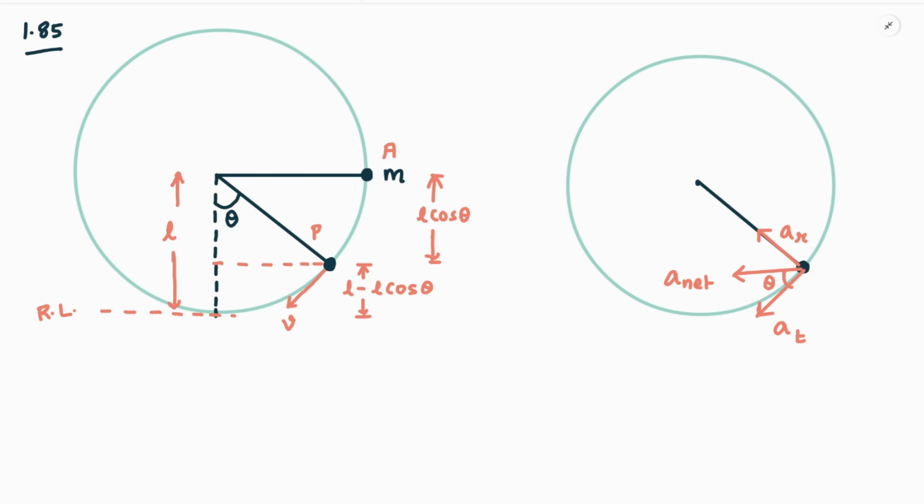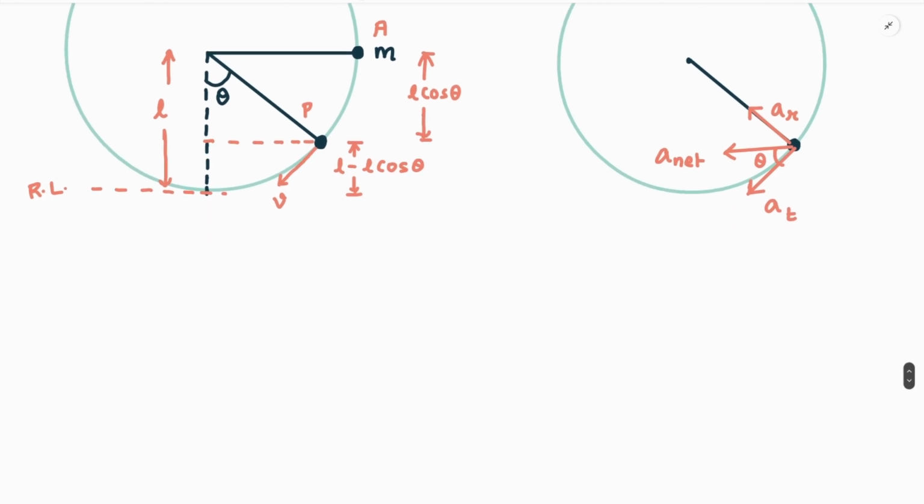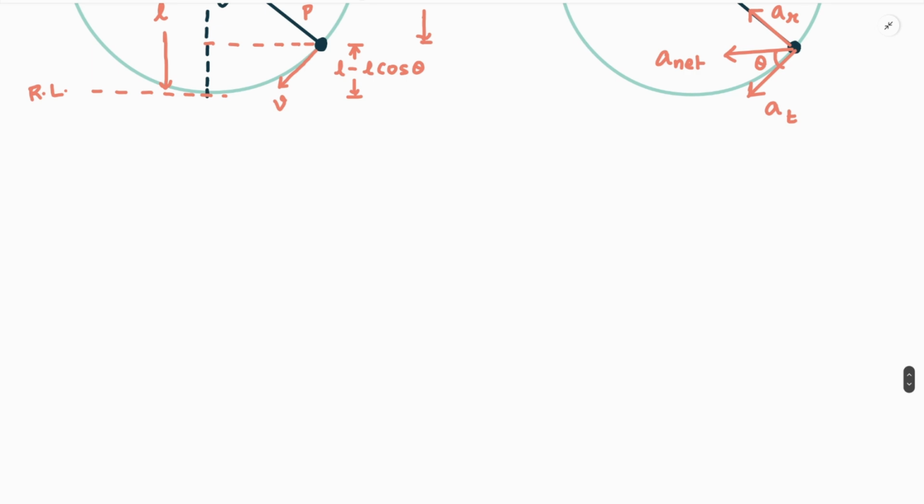Now at any given angle theta, the tangential component of acceleration can be simply evaluated by constructing the FBD of the particle.